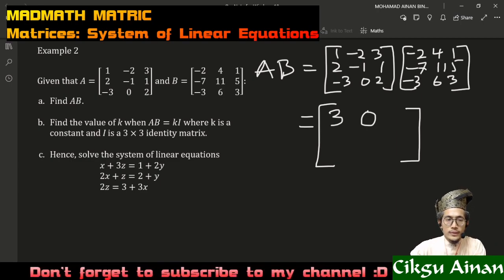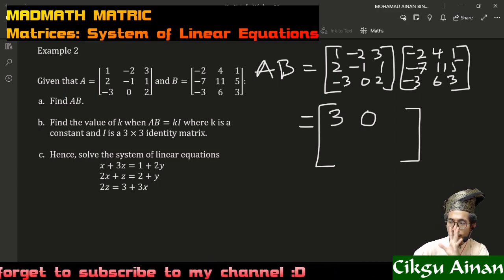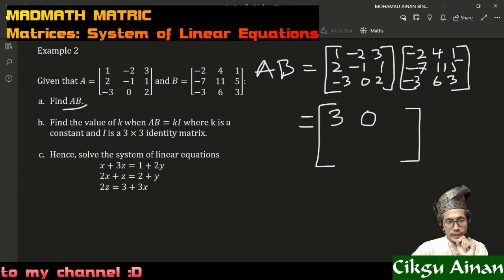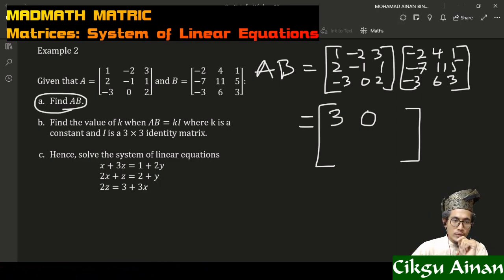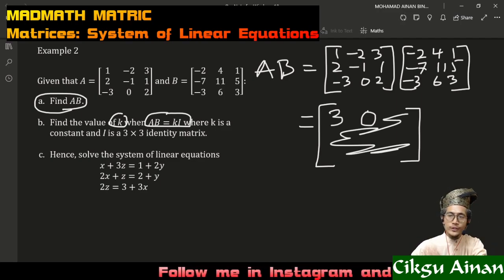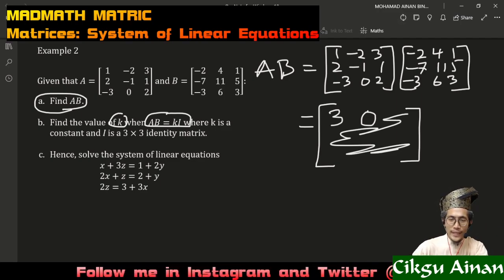Now, I have a technique. When you see the question of multiplication AB and the next question says about finding the value of K, when AB equals KI, you no need to calculate the rest of these numbers. Why?